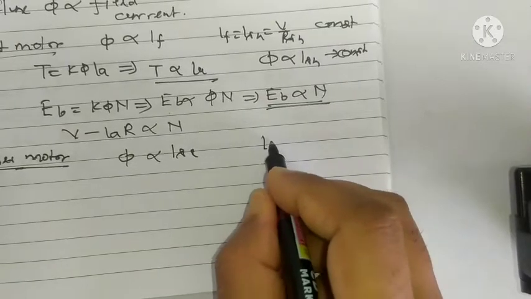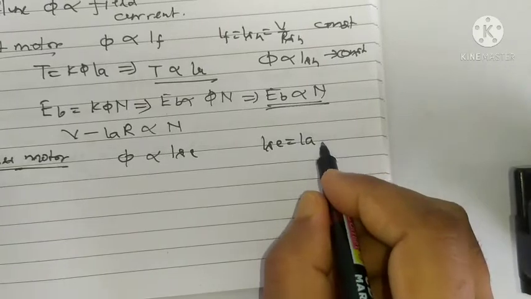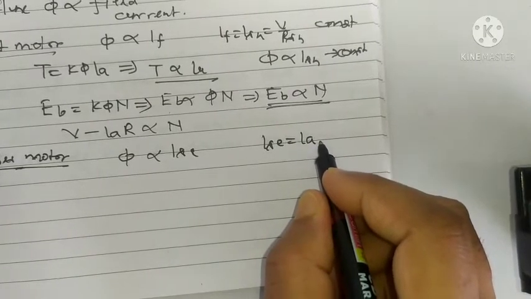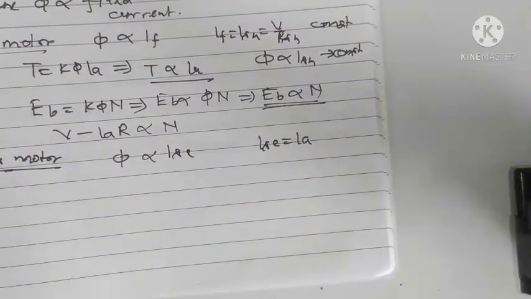We know series field current is armature current. That means it will depend on armature current.